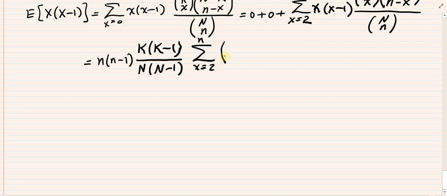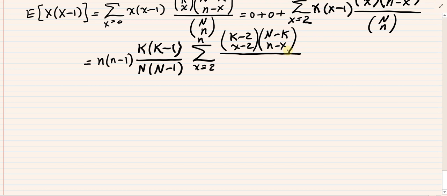Of the fraction, it is going to be k minus 2 over x minus 2, and then n minus k over n minus x. We're not changing the latter part. The denominator, we work it just like we did for the mean. That's what it's gonna be.